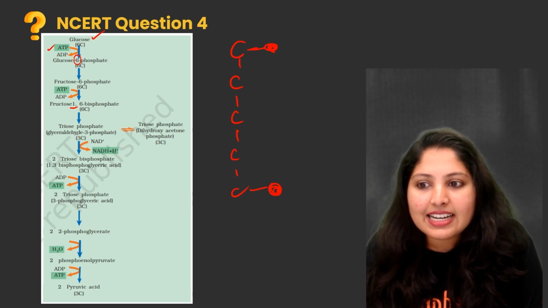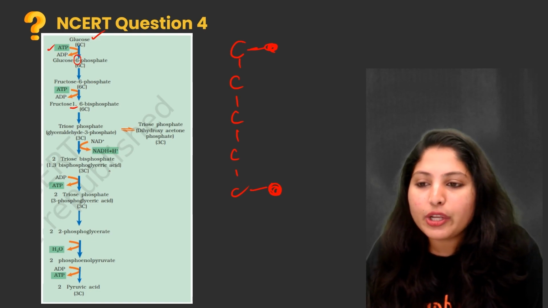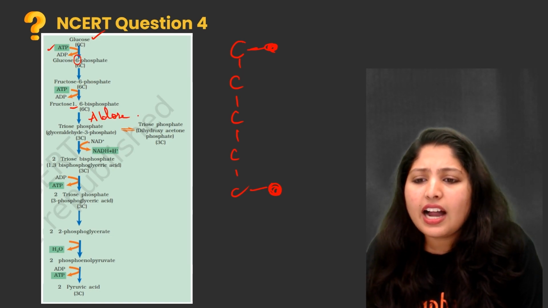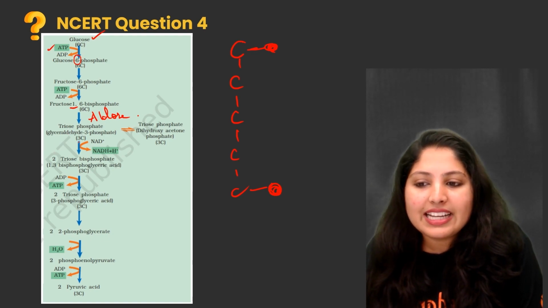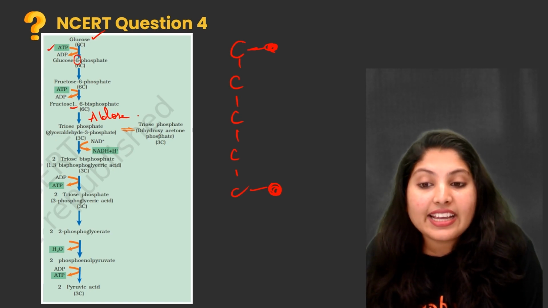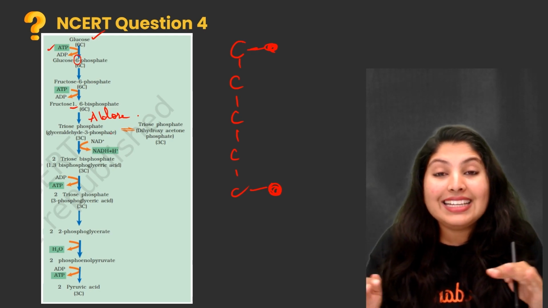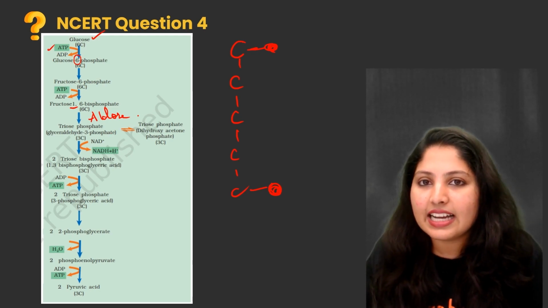Later this molecule is going to split with the help of an enzyme called aldolase enzyme. So 2 molecules are produced, 3 carbon each: glyceraldehyde 3-phosphate and dihydroxyacetone phosphate. These 2 molecules are interconvertible.